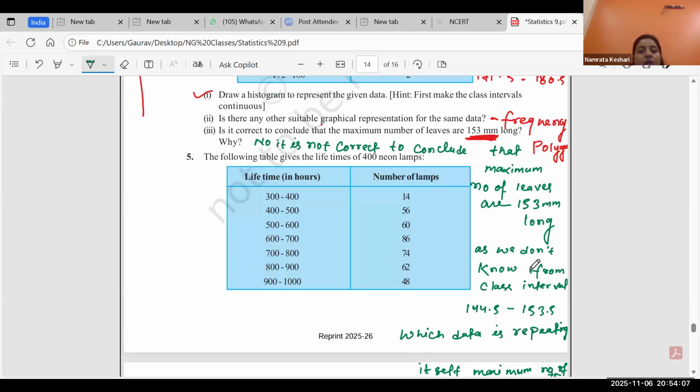Okay, you can note down the answer. The second part, frequency polygon, is the other best way to represent the data. The third one's answer clearly I have written over here.